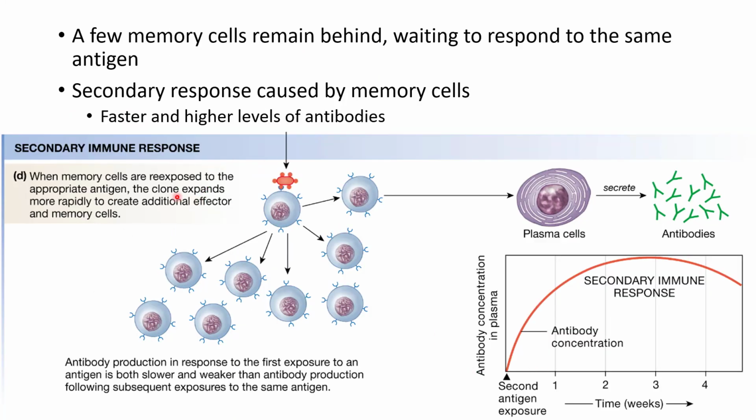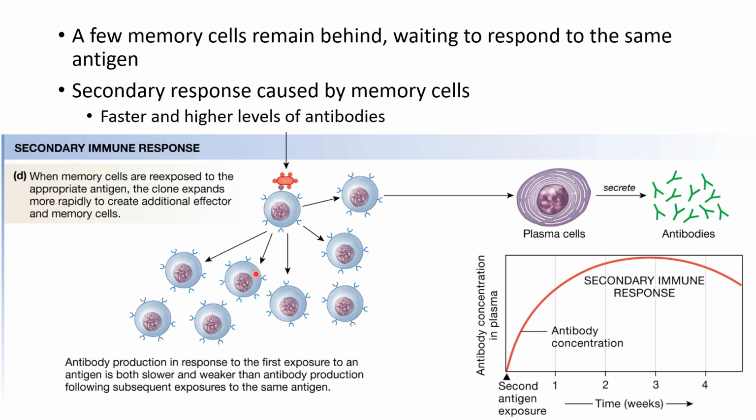Now, what happens after that first response? Okay, so the first wave came and went. Let's say now later, you then encounter that antigen again. Who's going to encounter it? The memory cell. The memory cell will encounter the antigen, and it undergoes another aspect of clonal expansion.